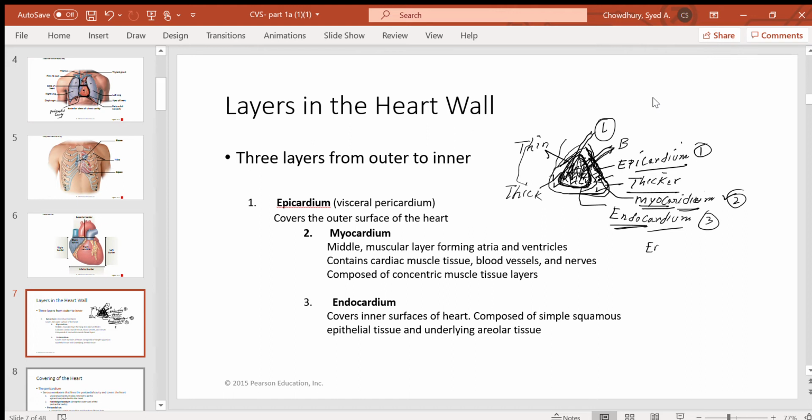So now if I use the term endocarditis, you see itis, where endocardium, that means innermost layer inflammation. Myocarditis, you will feel pain because this is muscle, and if inflammation occurs in the muscle, that is myocarditis, another clinical condition.